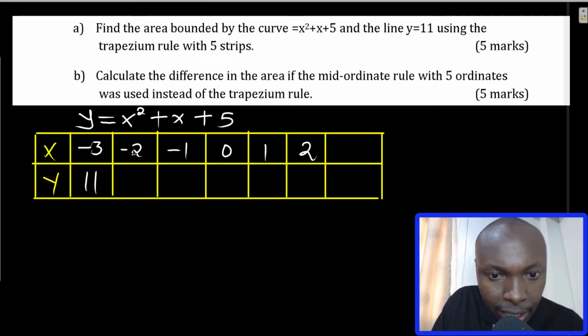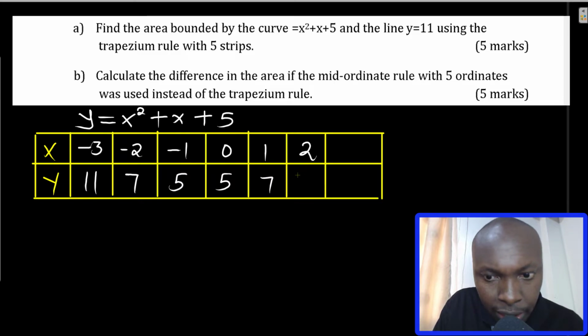Then when x is -2, that will give 7. Then when x is -1, you get 5. When x is 0, you get 5. When x is 1, you get 7. And then when x is 2, you get 11. It's just a matter of substituting the x values in that function and getting the value of y.